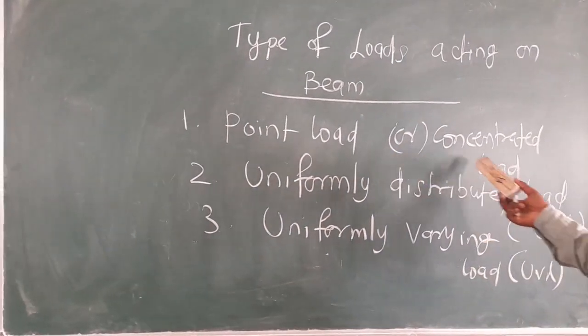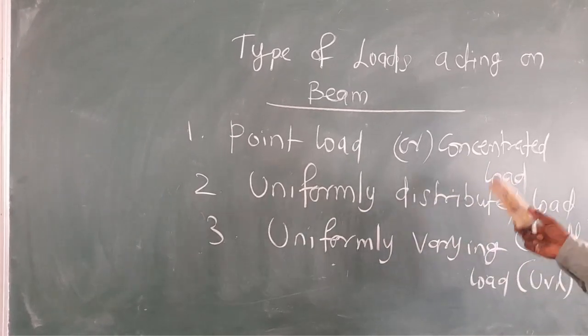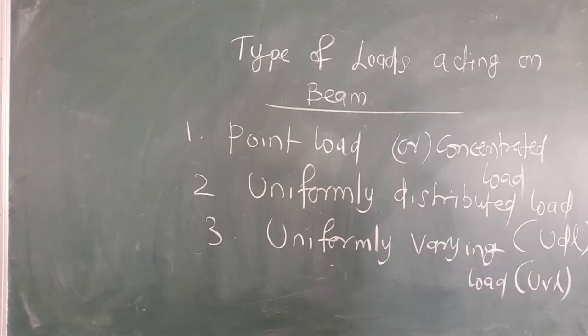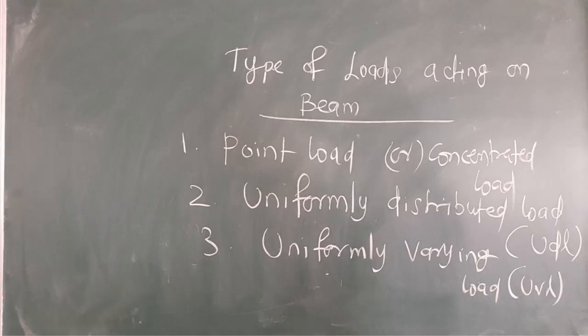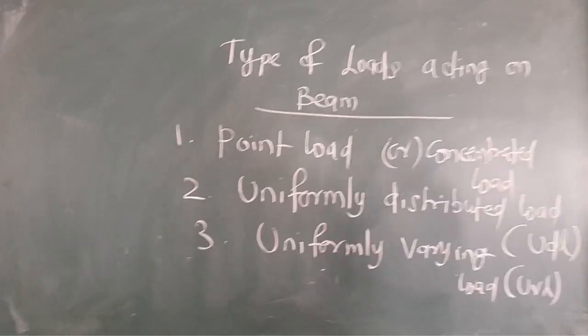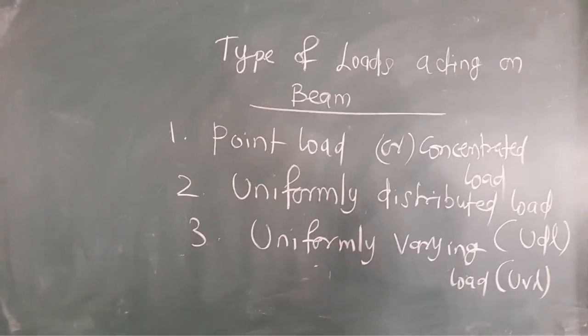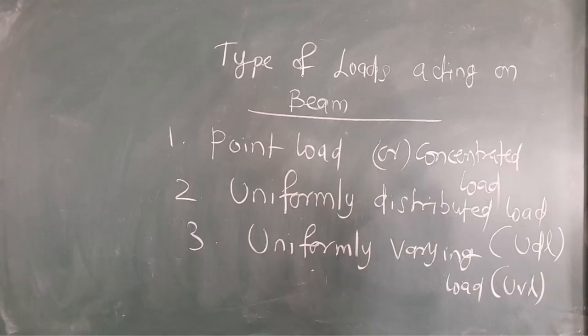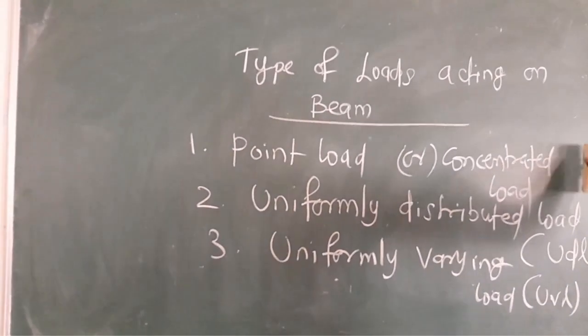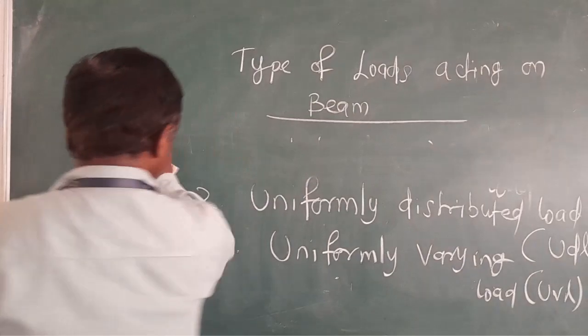One is point load, the second one is uniformly distributed load, and the uniformly varying load is the third one. Now let's discuss how we can find the total load acting on each and every beam.